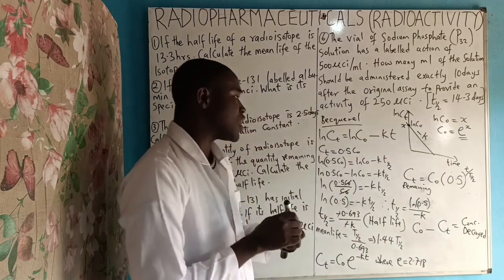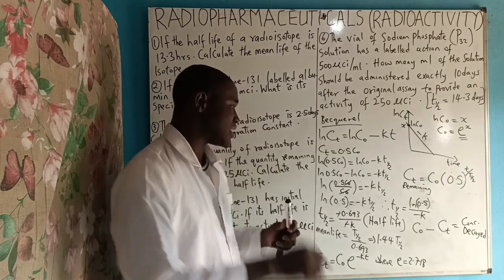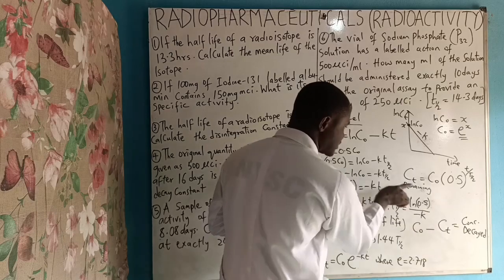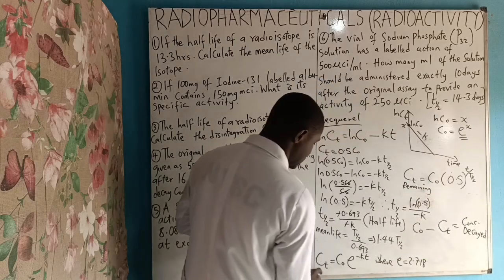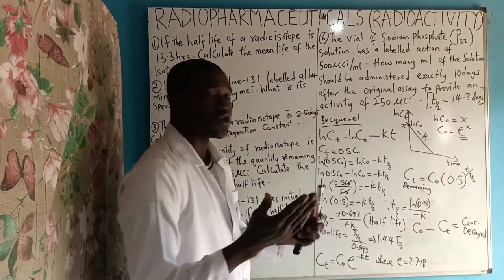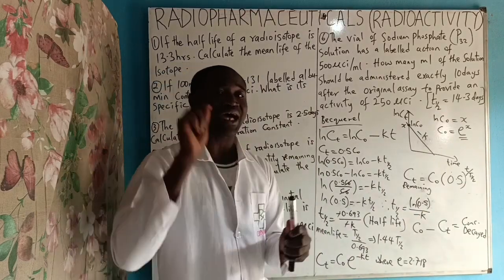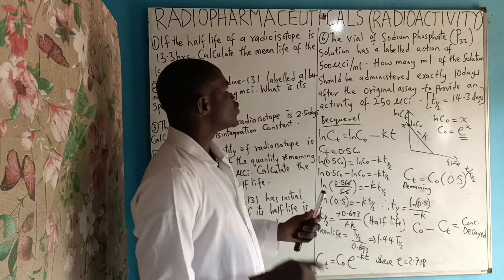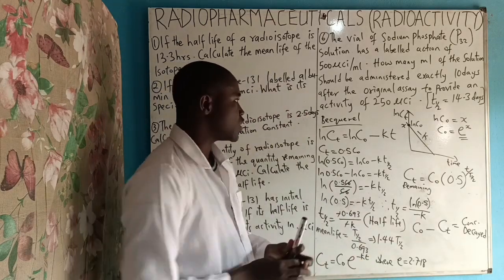So if you want to get the concentration or amount that decayed, you take the total, which is the initial concentration, minus Ct. You must have gotten your Ct, the amount remaining, using either of these two formulas. So you subtract it to get the concentration that decayed. Please have this in mind as we run down these questions on the board.